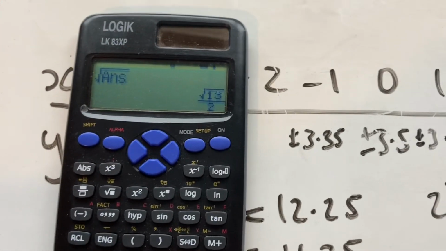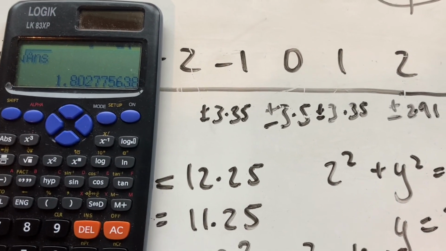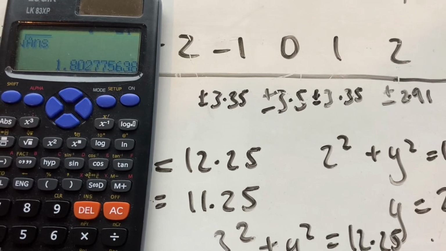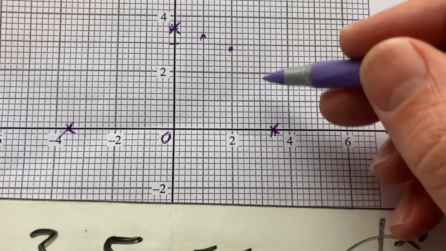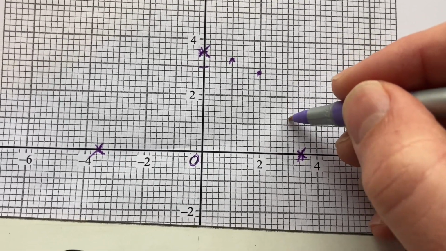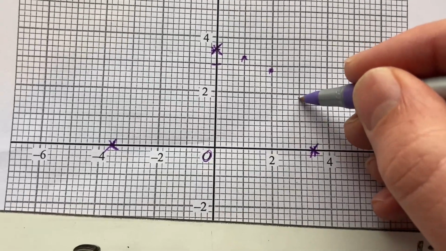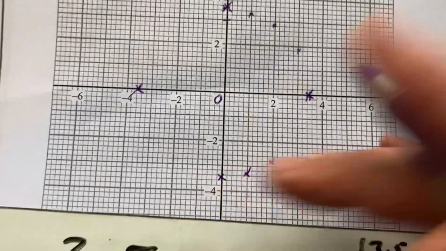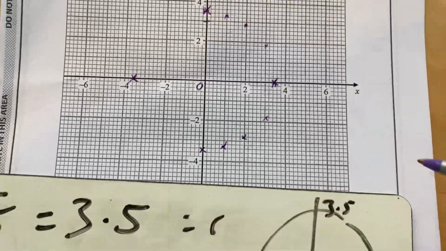Take the square root of that, and I get 1.8. So here, y equals plus minus 1.8. So on this graph, when x is 3, I'm at about there. And similarly here, about there, symmetrical on the other side.